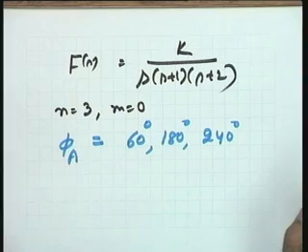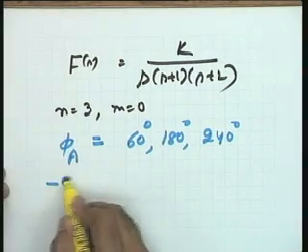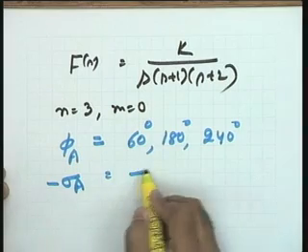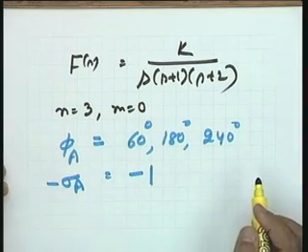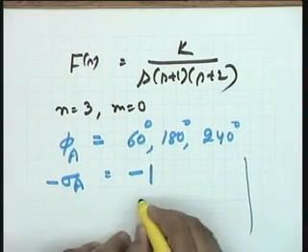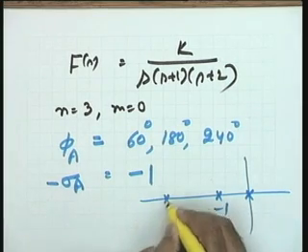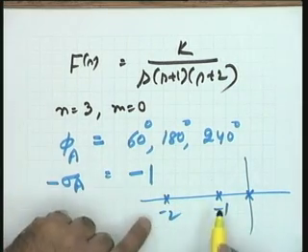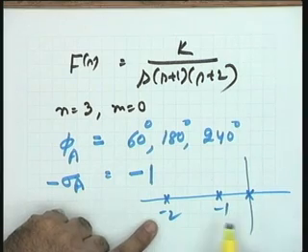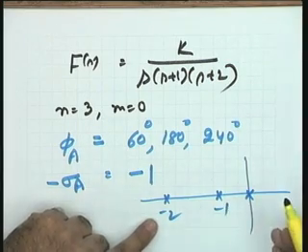Those of you who can quickly check, make your calculation. Minus sigma A you will get as minus 1. If you need an elaboration, I can give it here. The poles are at 0, minus 1, and minus 2. So the sum of the real parts of the poles is 0 plus minus 1 plus minus 2, which is minus 3.